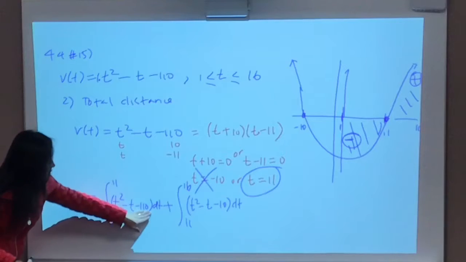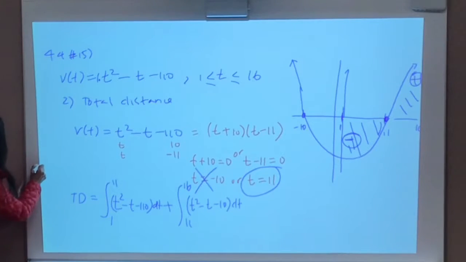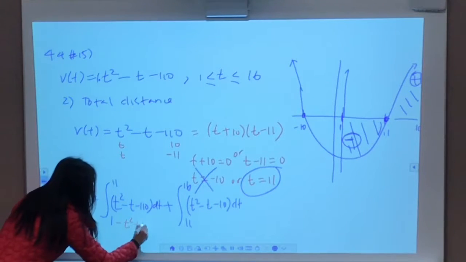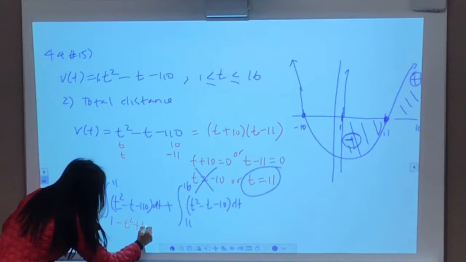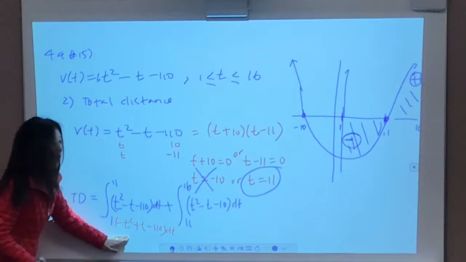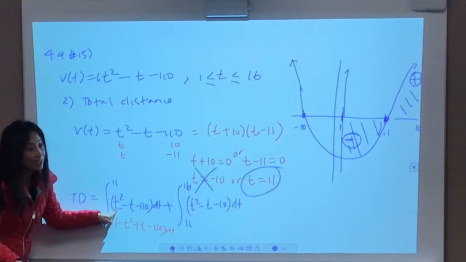So you can write it like this, or if you want, rewrite it just like your homework problem. When you look at your example problem, they rewrite this problem as negative t squared plus t plus 110. They wrote it with the opposite sign because if you evaluate it just like this, you get a negative number, and they didn't like it.